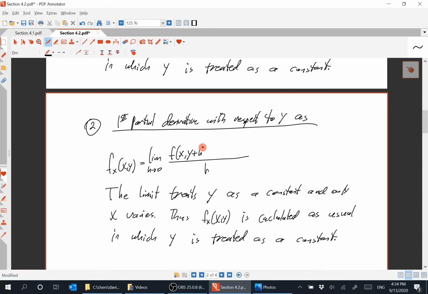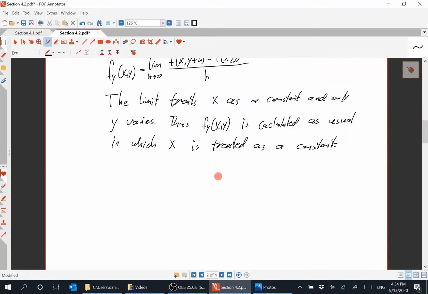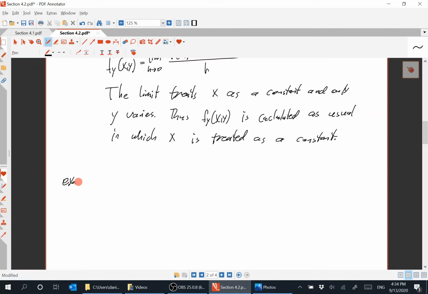You vary the y by adding h. f of x comma y plus h minus f of x, y, over h. The limit treats x as a constant and only y varies. Thus, the notation is f subscript y, is calculated as usual, in which x is treated as a constant.